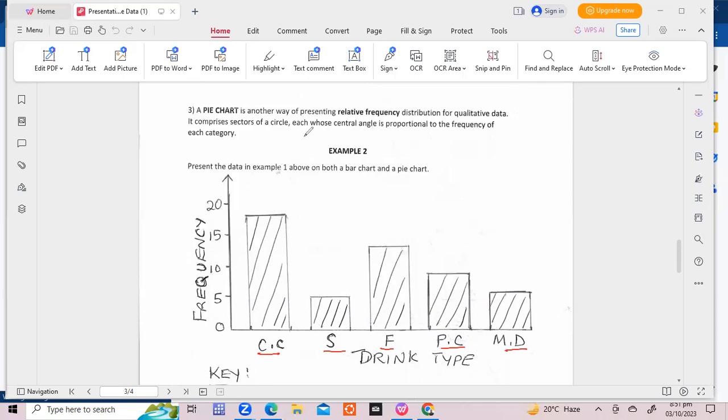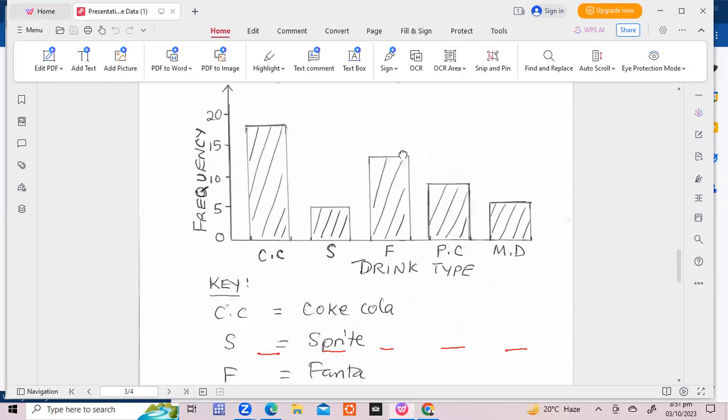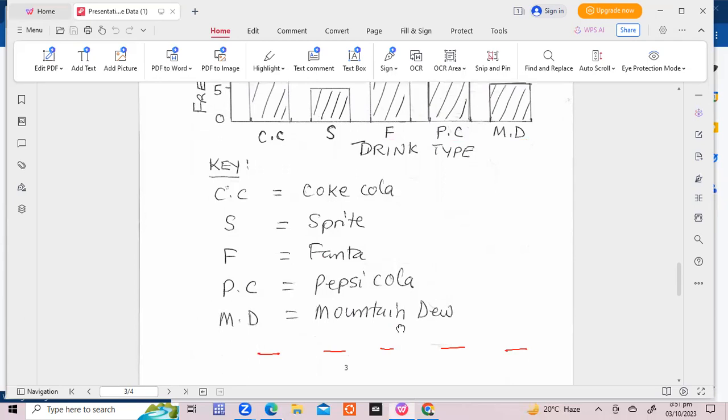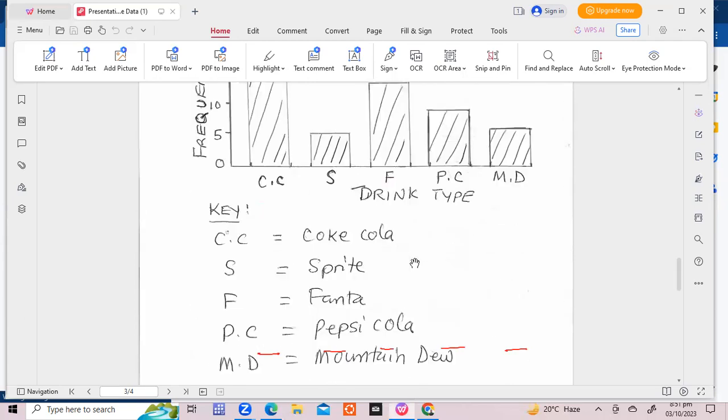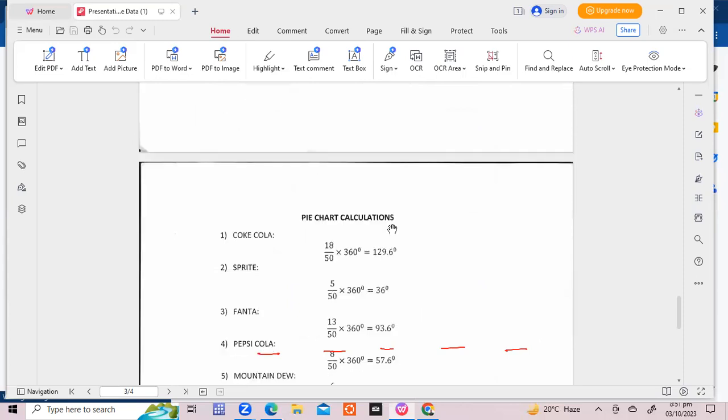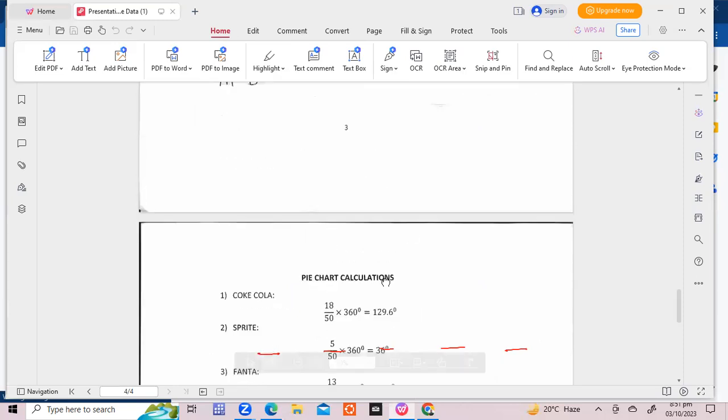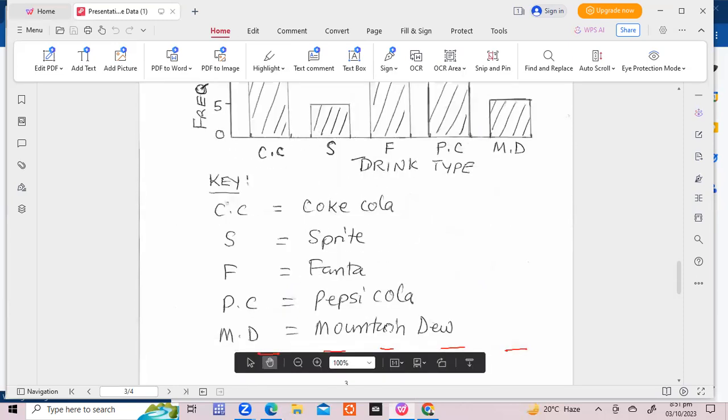But where we have continuous data, we are going to look at the histogram. Unless there is a question. Hakim, come again. What did you say when we are supposed to use a bar chart?